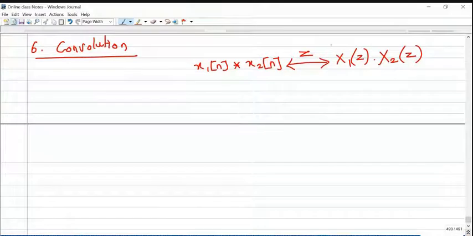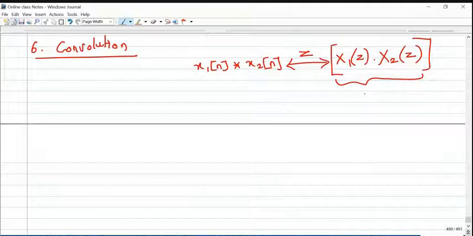Now if you apply the inverse Z transform of this using the partial fraction method, you will get the convolution result between x1 of n and x2 of n.